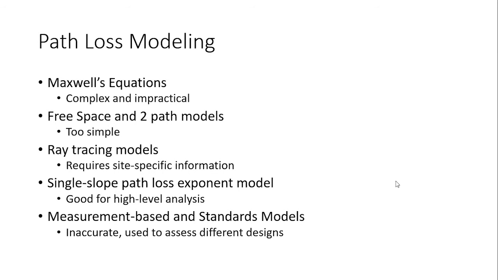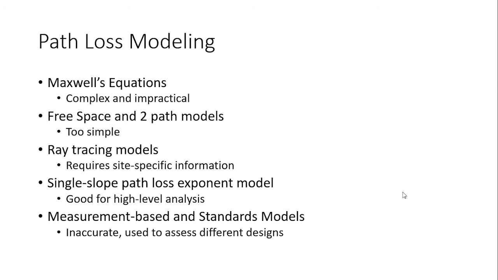Path loss models come in a variety of flavors, I shall say. The first is the Maxwell equation, the second are the free space and two-path models, and the third is the ray tracing models. The fourth are the single slope path loss exponent models, and the final are the measurement based and standard models. Signals are made up of electromagnetic waves.